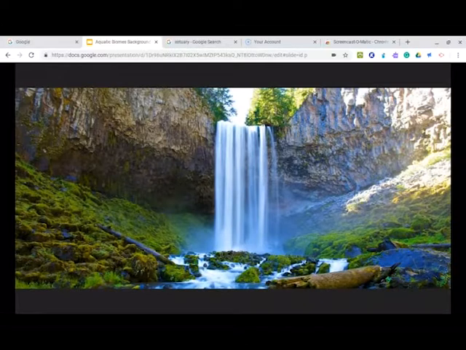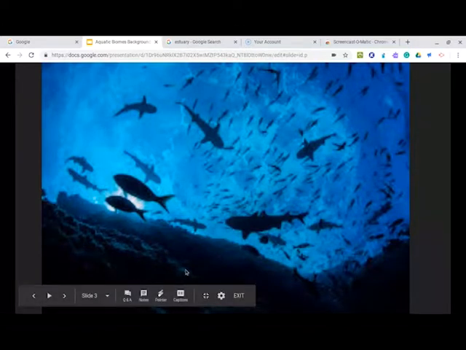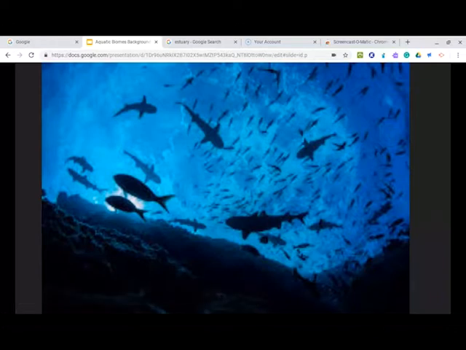And a body of water with higher salinity would be considered marine, like this image right here of sharks and fish, and we're probably on the continental shelf looking up at this biome. There might be some coral over here. It's kind of hard to tell at the angle we're at, but we can definitely tell we are in a saltier body of water, and that would be considered a marine aquatic biome.